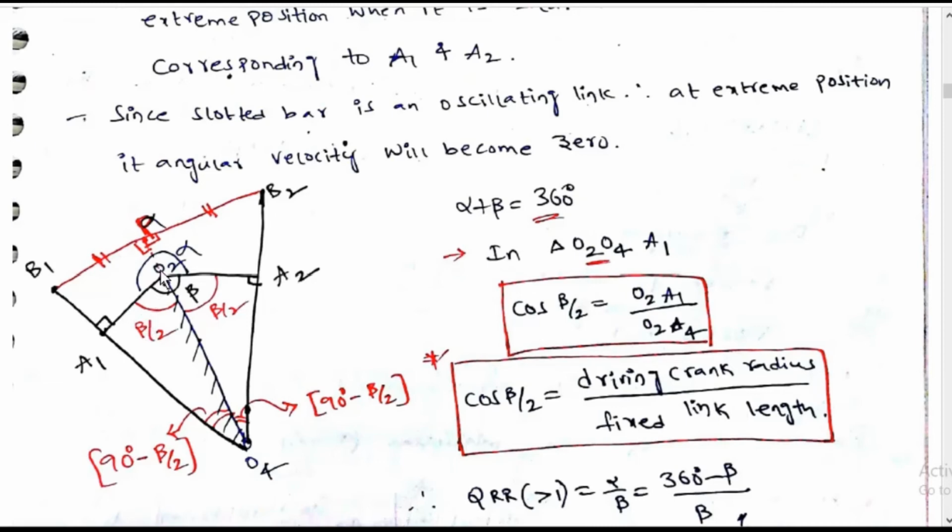This is forward. This is beta. This is alpha. Alpha plus beta is equal to 360 degrees.